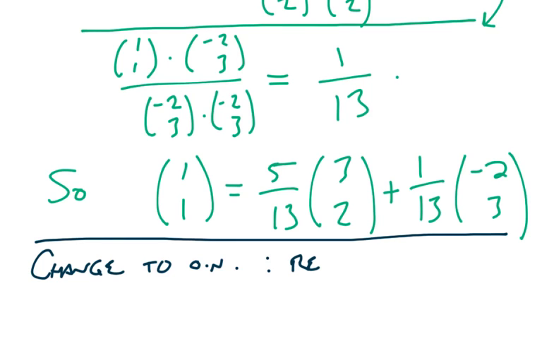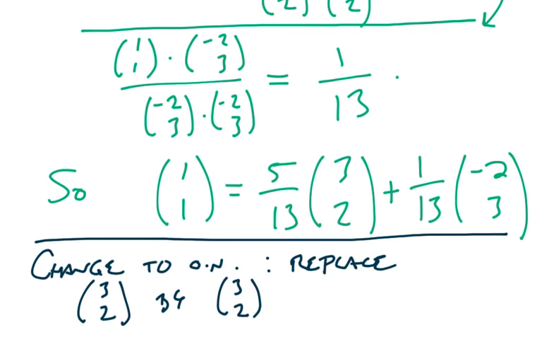We're just going to replace 3, 2 by 3, 2 that's been unitized. So 3, 2 over square root of 13. In other words, 3 over root 13 and 2 over root 13.